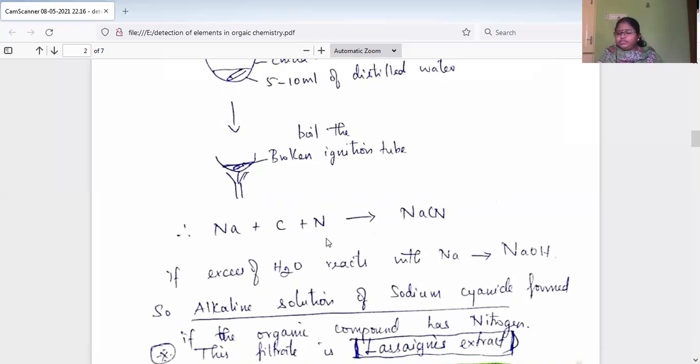When nitrogen is there, it leads to NaCN, sodium cyanide. The remaining excess sodium, the metal which we have taken, reacts with the 5 to 10 ml of water and goes to NaOH, sodium hydroxide.